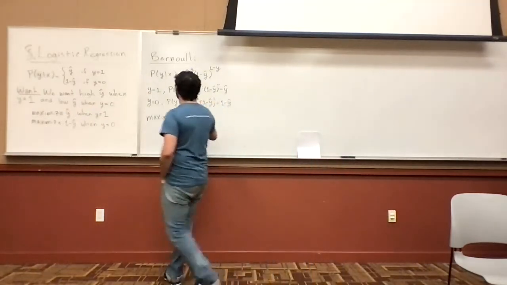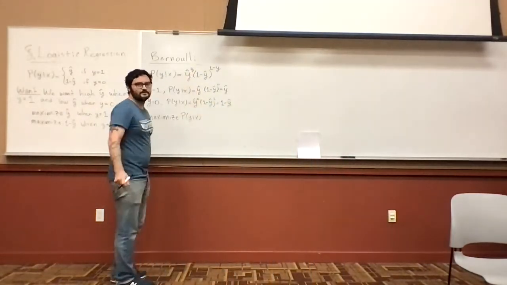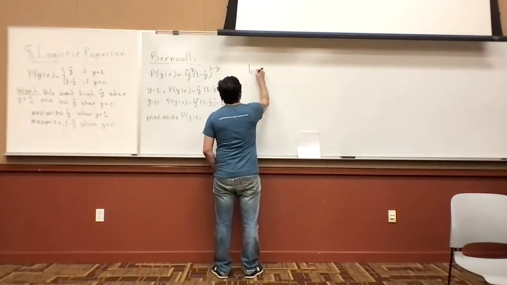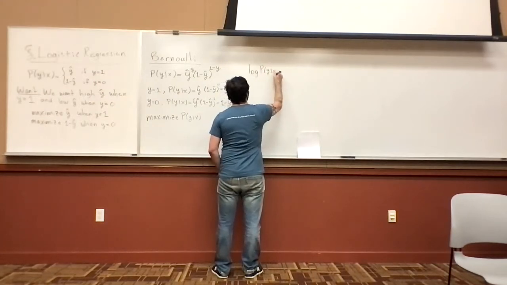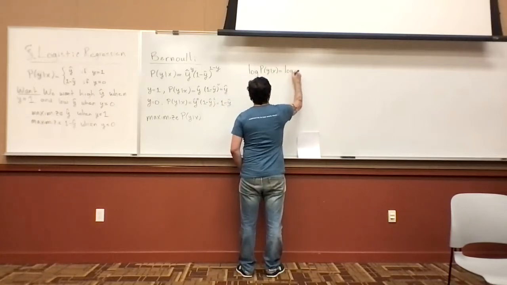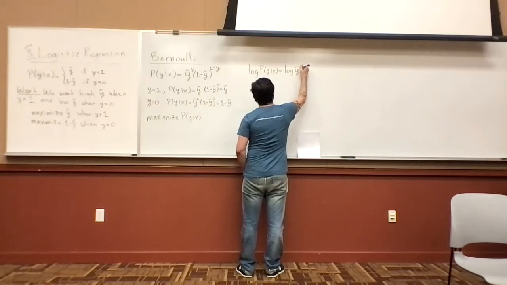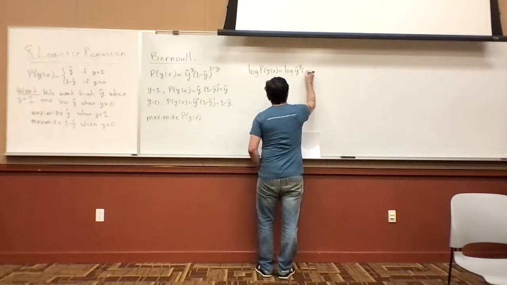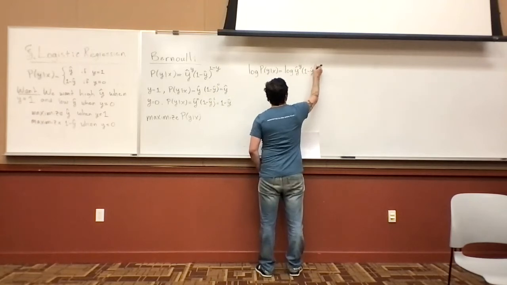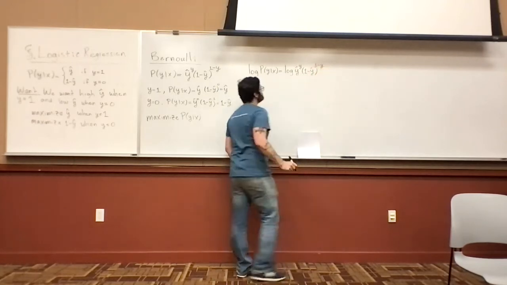So I'm going to take the log of both sides of that equation. The log of the probability of y given x is equal to the log of y hat to the power y times 1 minus y hat to the power 1 minus y.